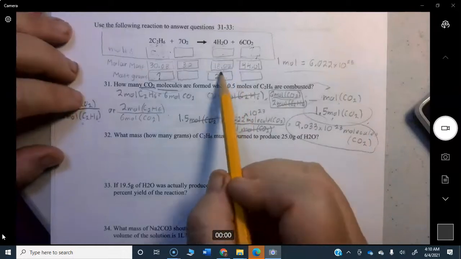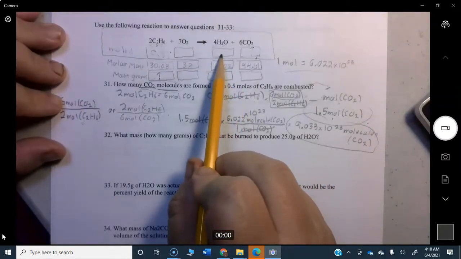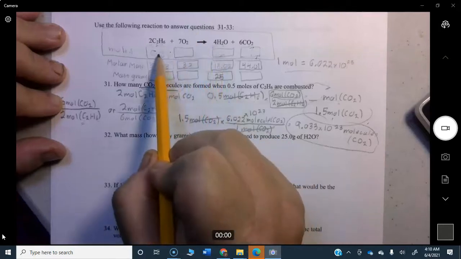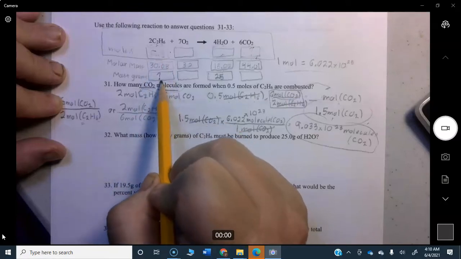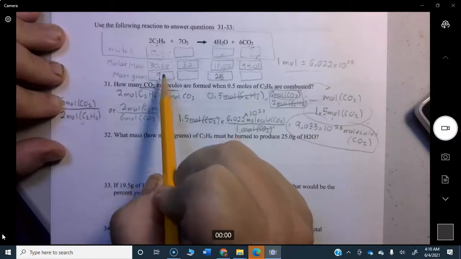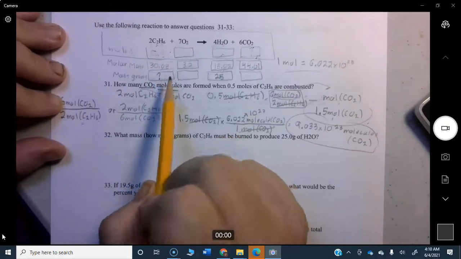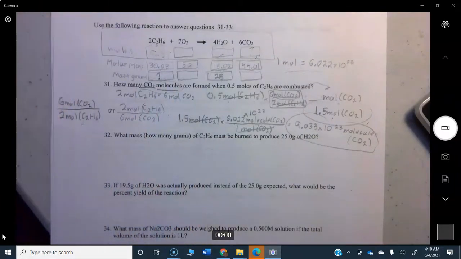So again, we're going to start here, use molar mass of water to get to moles of water. Use moles of water to get to moles of C2H6, and use moles of C2H6 to get down to what we're trying to find. Use moles and the molar mass of C2H6 to get down to the mass of C2H6, which is what they want to know. Mass in grams of C2H6.